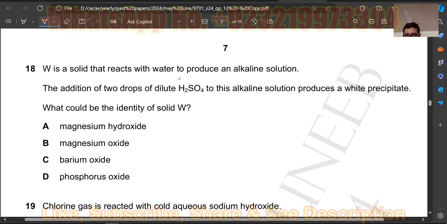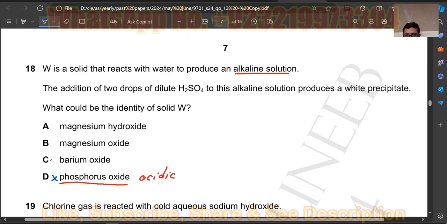Okay, here in this case, we are given four different compounds. We have to find which compound will produce the alkaline solution. All right, so you know that phosphorus oxide is one such compound among these which will give you an acidic solution, not an alkaline solution, because it is an acidic oxide. So clearly option D becomes incorrect.